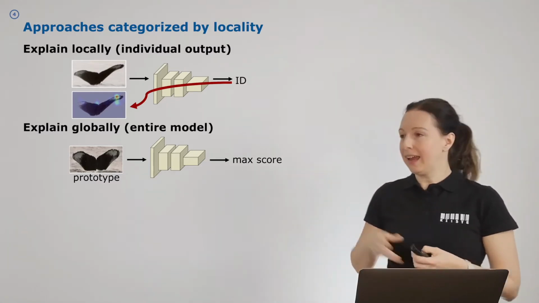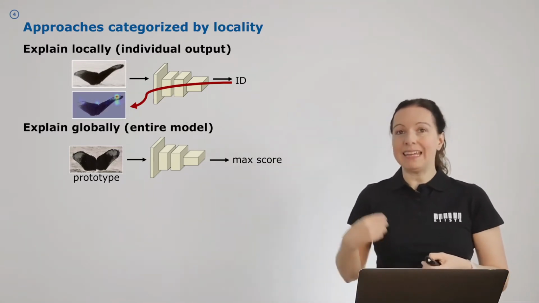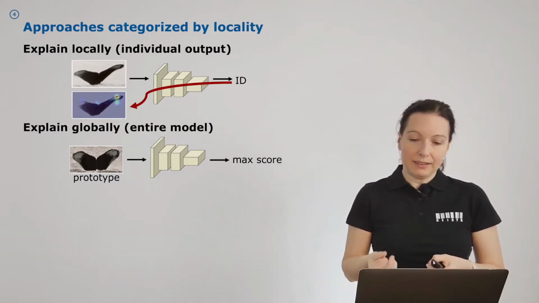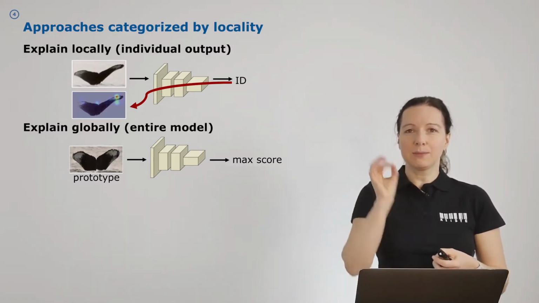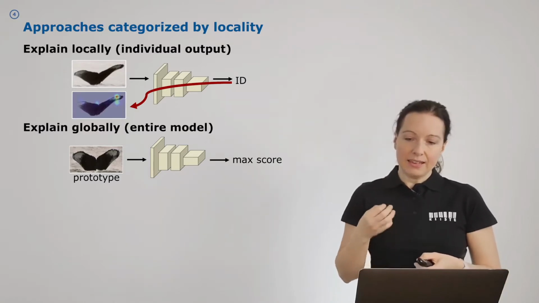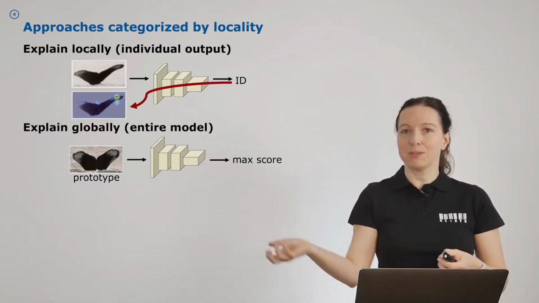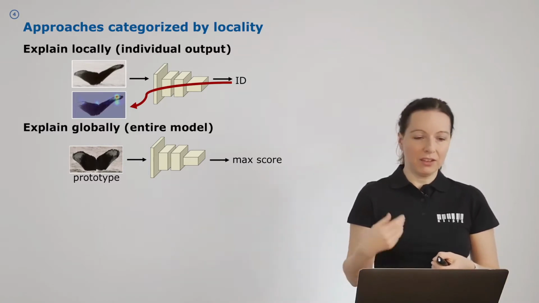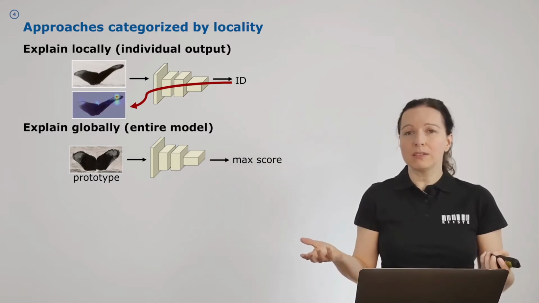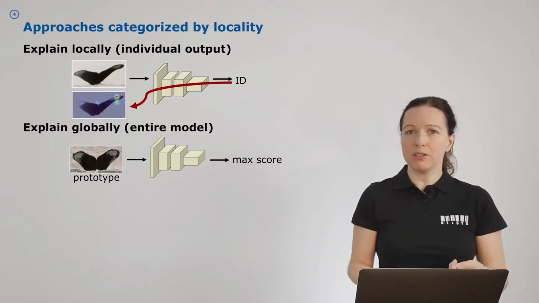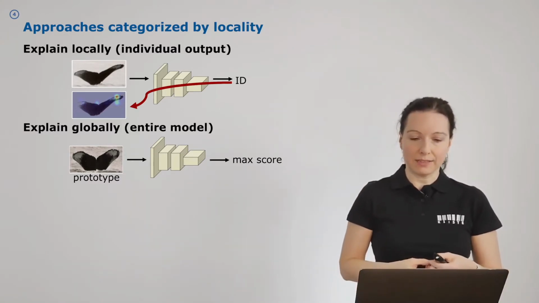So here again you have two categories, and the first one is when you explain an individual output, and that means you have a look at a specific decision and only one specific instance, and this will give you insights about the characteristic of exactly this specific instance. In most cases, you want to have a look at an instance with some specific characteristic, or because you're especially interested in the specific instance.